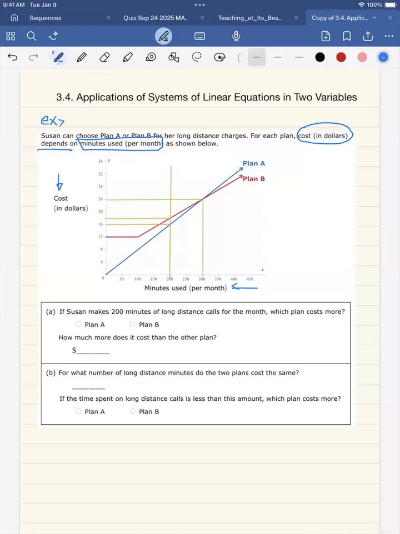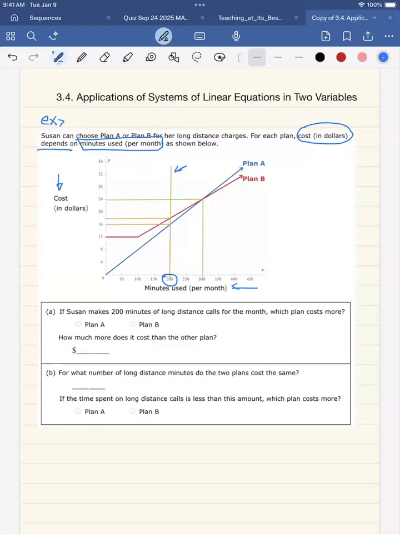In the first problem, if Susan makes 200 minutes of long distance calls for the month, which plan costs more? Susan makes 200 minutes, so the input value must be 200 minutes. I drew a vertical line.